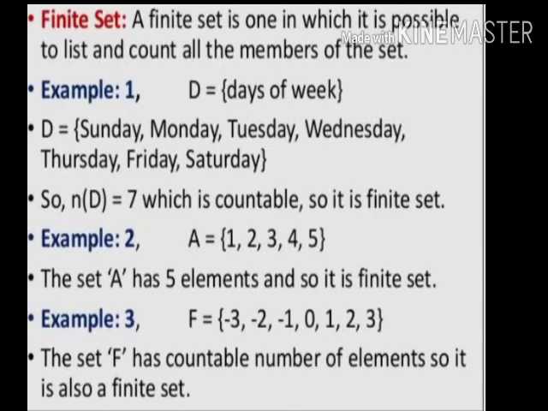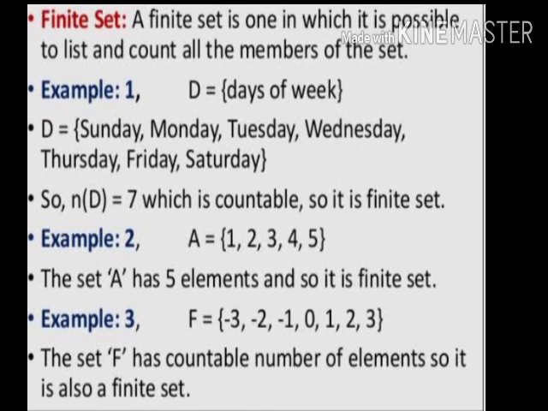Next, we have to see finite set and infinite set. So from the word, it is clear, finite means it is countable. It is possible to list and count all the members of the set. For example, days of a week: we can easily say Sunday, Monday, Tuesday, Wednesday, Thursday, Friday and Saturday.